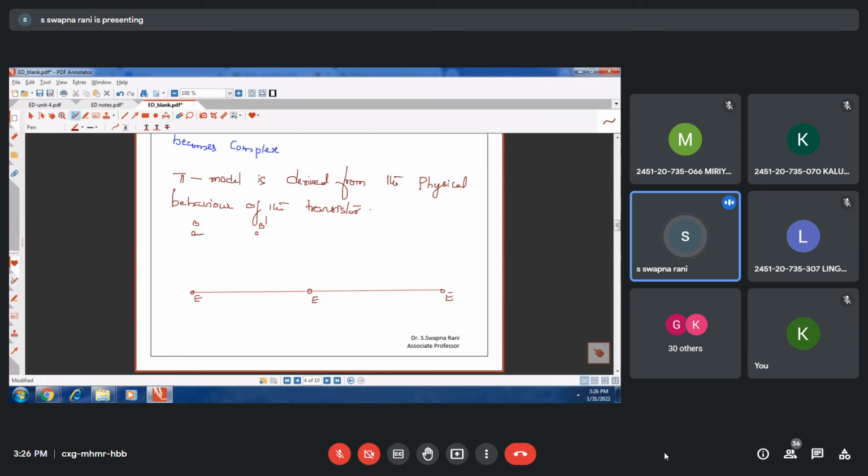So the resistance between B and B dash is RBB dash. This is the resistance of the base material through which base current flows.